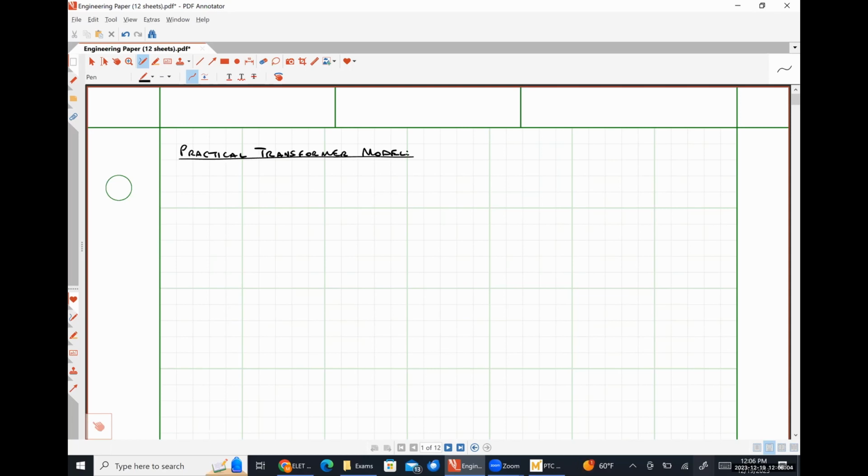So I'm going to draw a simple magnetic circuit here representing a practical transformer. Let me put my core in first before I forget about it. So here is our core. I'm going to wind a wire around this leg like so.